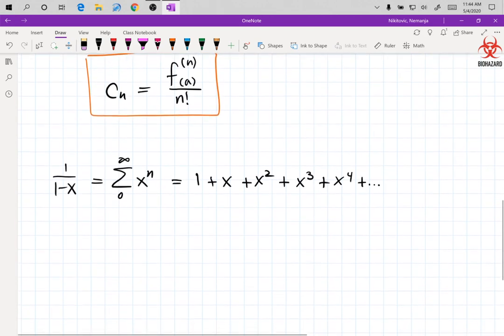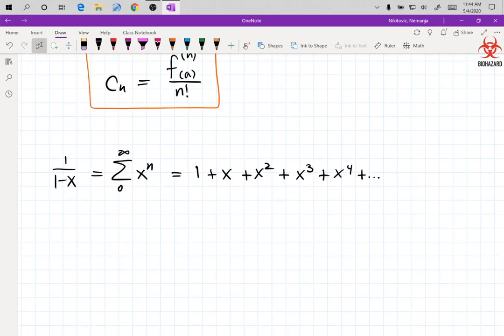Now, the other one that you actually rarely need is the one that has a plus in the denominator, and that one will introduce negative 1 to the n, x to the n.